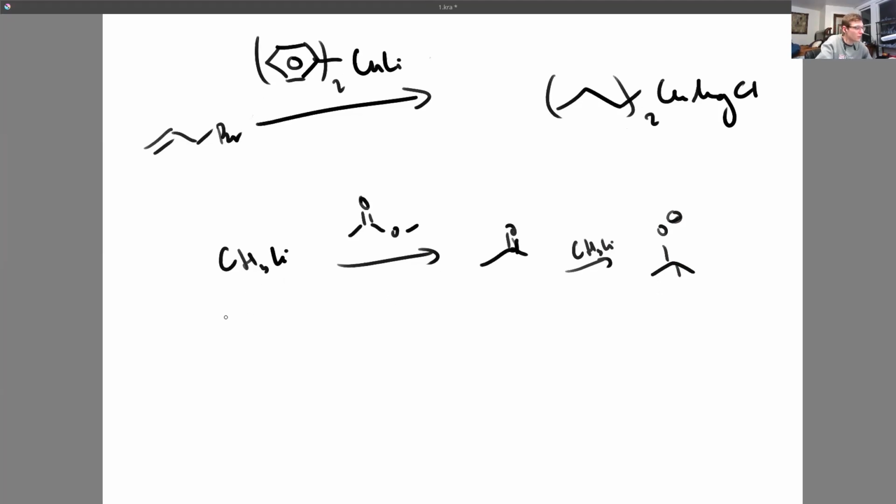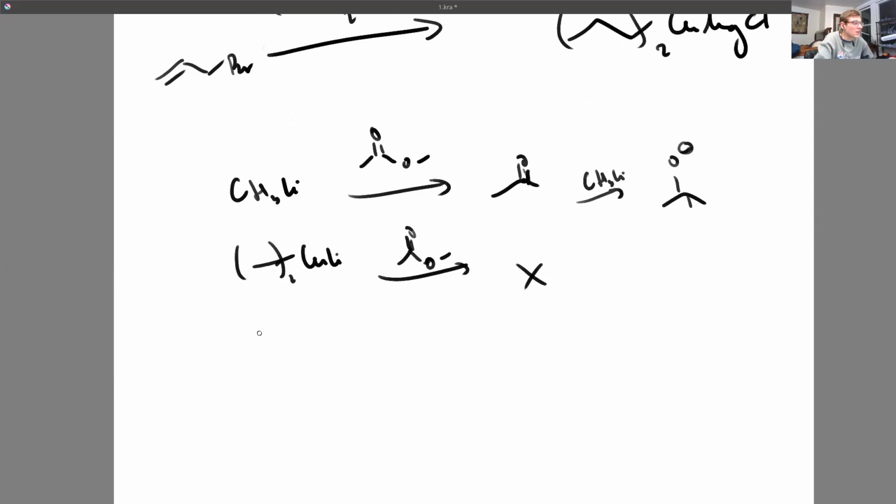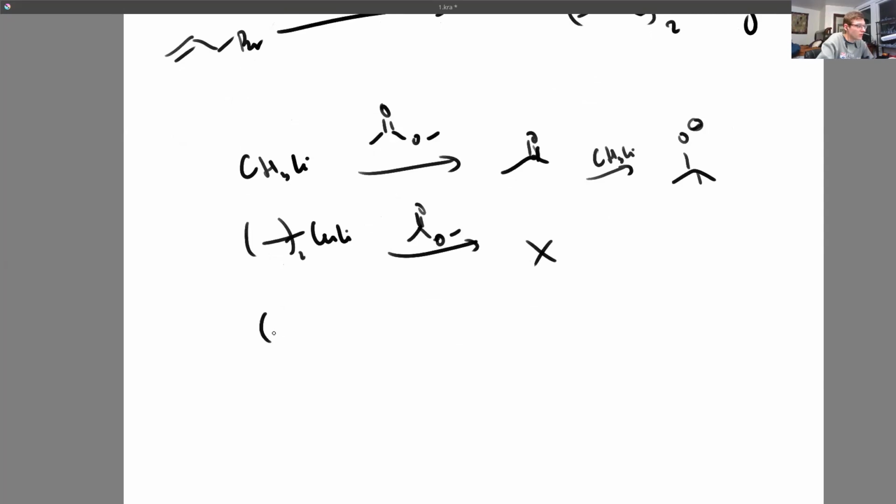And then you go to one of these, a cuprate, right? And you give it an ester, and nothing. No reaction. They're not strong enough. So what's the point of them if they're just going to be worse than this? So there's a point to them, which is that they won't add to ketones in general. Okay, so you can even give it a ketone.